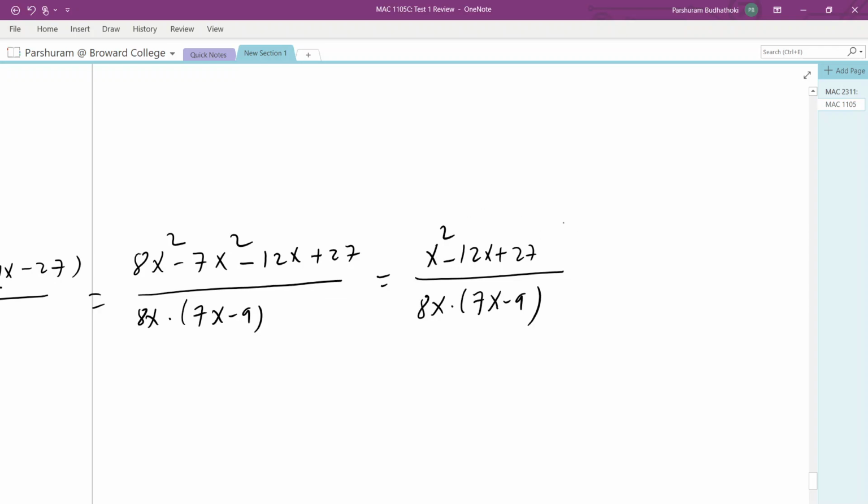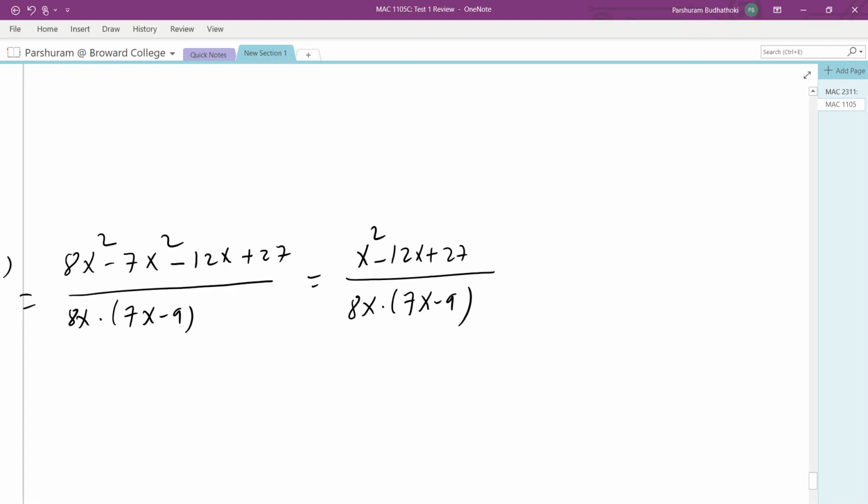We are still not done because on the top part you can see that there is a trinomial, so we can also find the factors of the trinomial on the top. So 27, the factors of 27 are negative 9 and negative 3. So negative 9 plus negative 3 is negative 12.